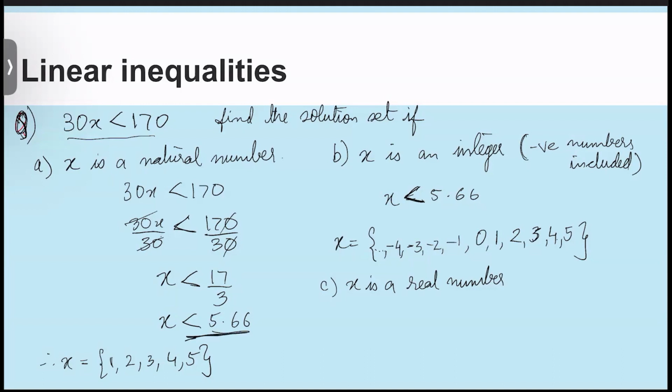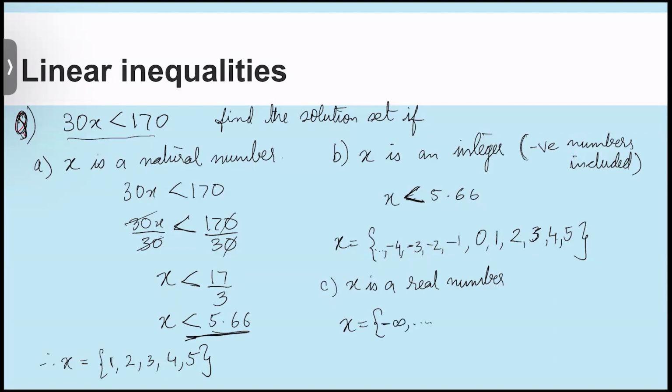So if x is a real number, you have all the way up to minus infinity, all the numbers, and you can write -3, -2, -1, 0, and then 1, 2, 3, 4, and 5.